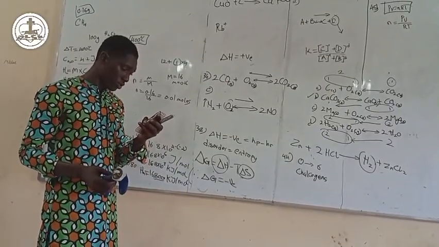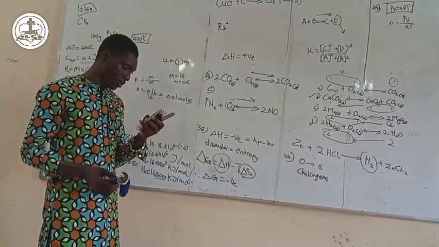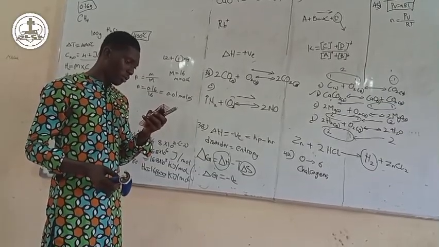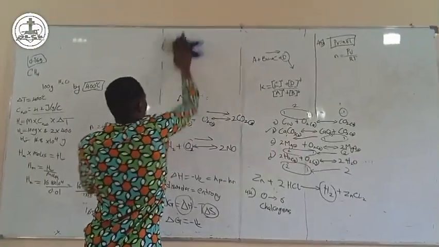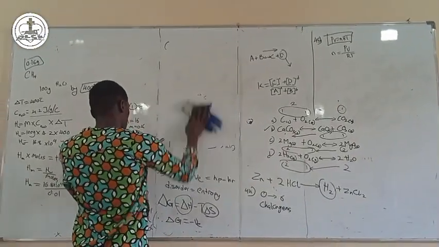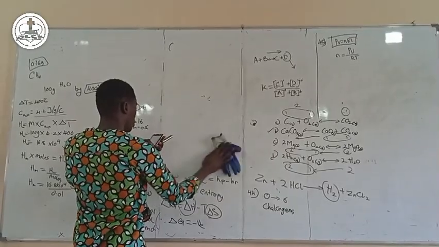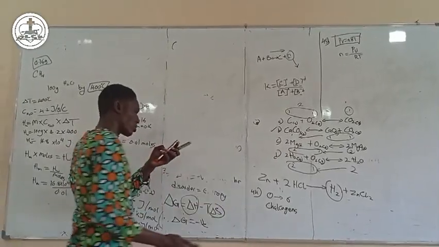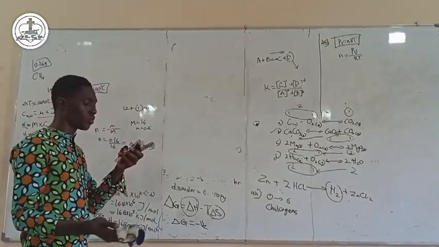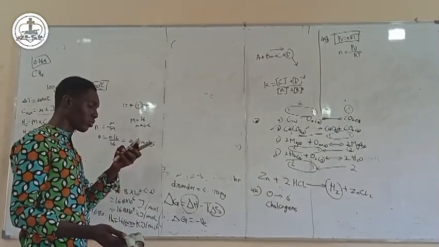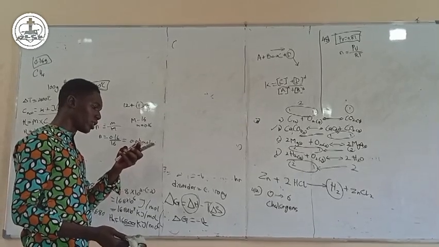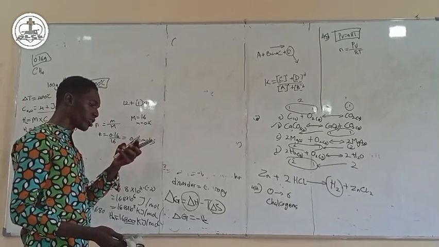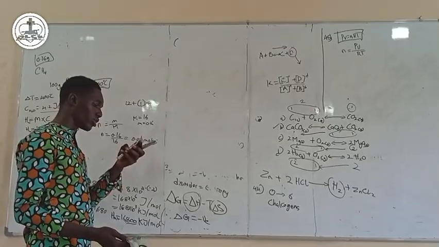Now moving to question number 48, which says, given the change of phase from CO2 gas to CO2 solid, the entropy of the system: A, decreases; B, increases; C, remains the same; D, changes.